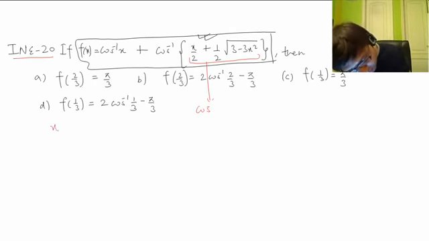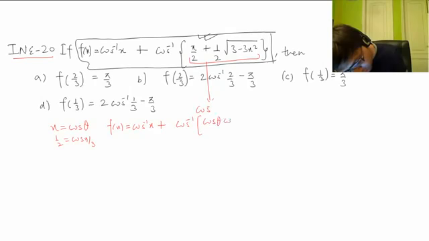So what we do, we replace x equal to cos theta and half equal to cos pi by 3. If we do that, then f(x) becomes cos inverse x plus cos inverse of cos theta cos pi by 3 plus sin theta sin pi by 3.